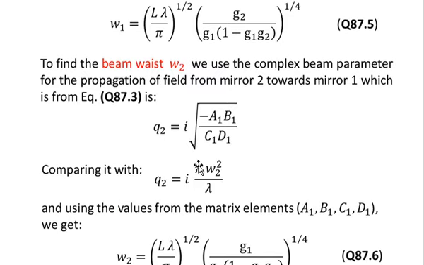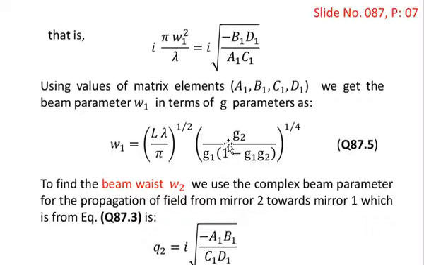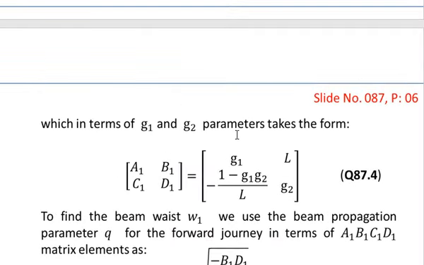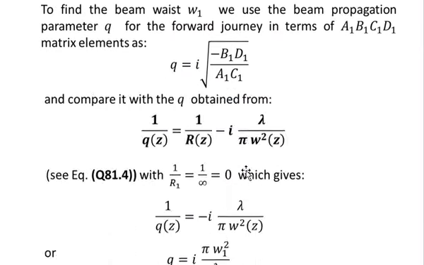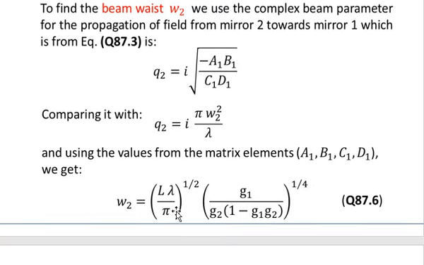So these are the two values of Q. If you equate these two values of Q and substitute the values of A1, B1, C1 and D1 from this matrix in terms of the G1, G2 parameters, you can obtain W2 equal to square root of L times lambda divided by pi, and then G1 over G2 multiplied by 1 minus G1 G2 whole raised to power 1 over 4. So this is the W2.